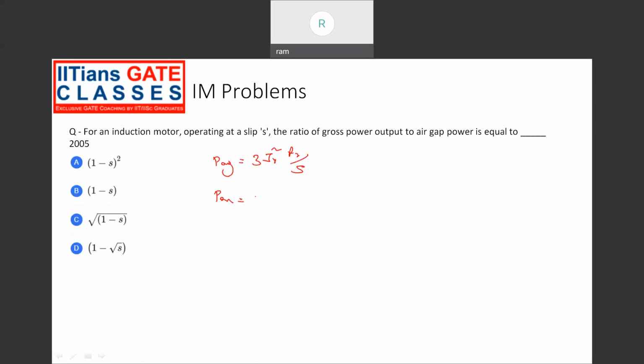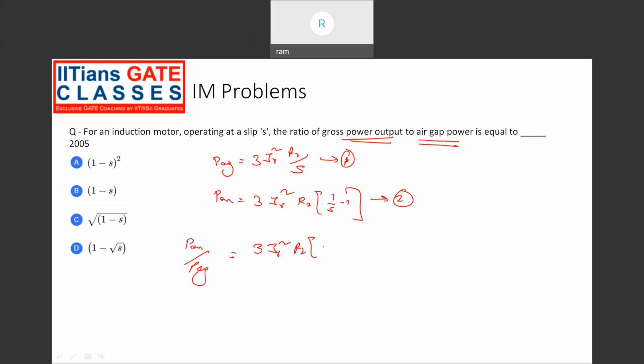The gross mechanical power is given by 3 IR square R2 into 1 by S minus 1, this is equation 2. Now they're asking us the ratio of gross mechanical power output to the air gap power. So that is PM by PAG, which gives 3 IR square R2 into 1 by S minus 1 divided by 3 IR square R2 by S. So this gives you 1 minus S. So the option is B.